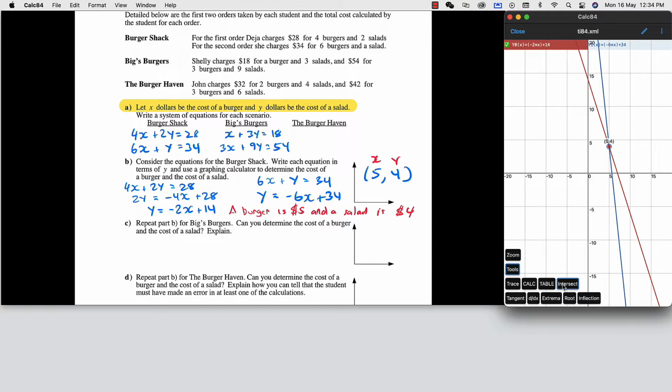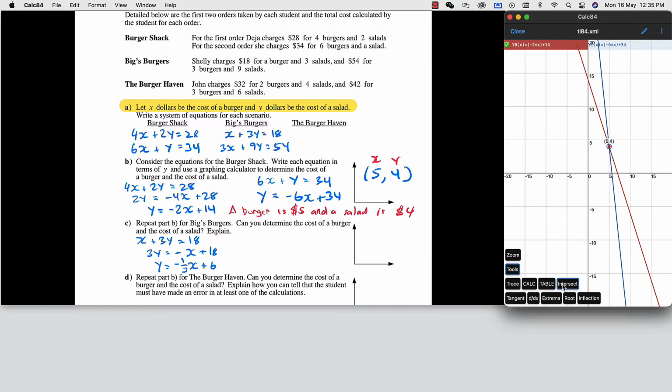So to compare them, again, we will put them into the slope y-intercept form. Okay, so the first one, x plus 3y equals 18. I'm going to move the x over, so I end up with 3y equals negative x plus 18. Divide everything by 3, and I get y equals negative 1 over 3x plus 6.